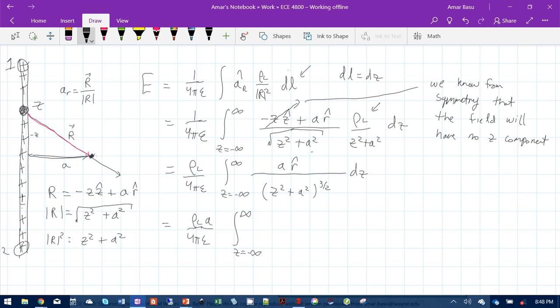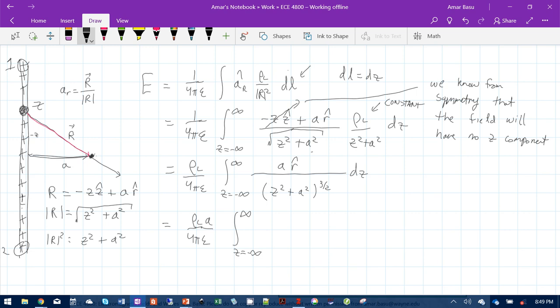What's that? No, not the z squared, just the z hat term, we're throwing that one out. Again, you can actually do the math, it'll cancel out on its own. Rho L is a constant, so that's why we can move that out.